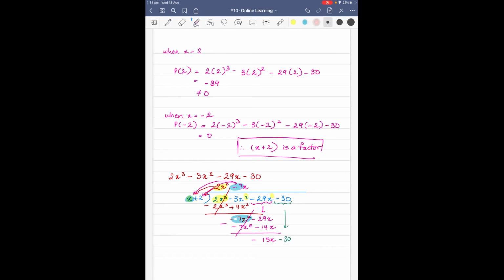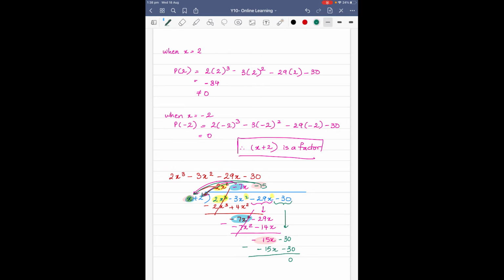Same gist again. Something times x gives you minus 15x. We know it's going to be minus 15 times x is minus 15x. Minus 15 times 2 is minus 30. Subtract it to find the remainder. Therefore, it's 0. So this factor times this factor should give you the polynomial.